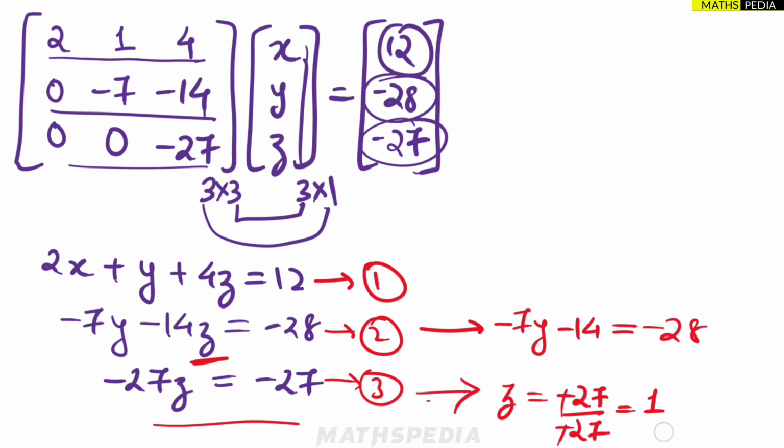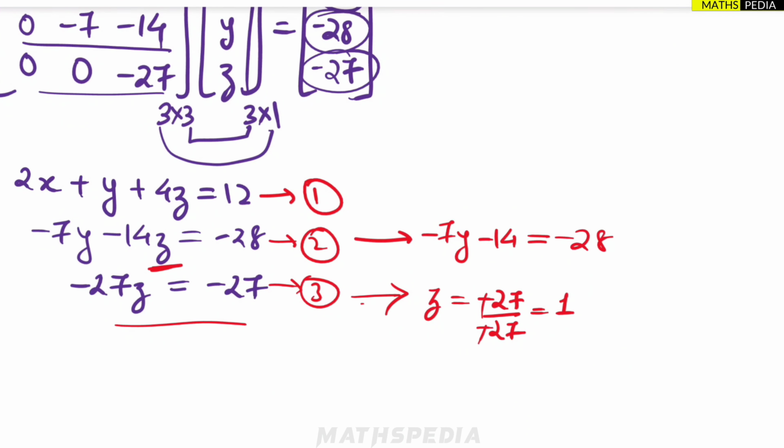So the y value will be equal to minus 28 plus 14 divided by minus 7, which is minus 14 by minus 7, which is 2.